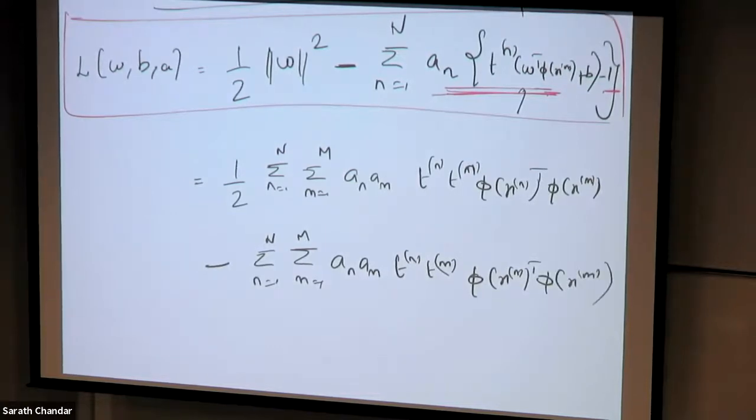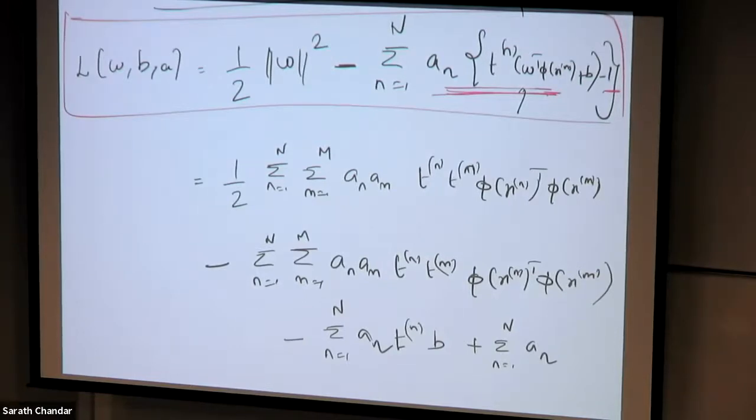Minus, then the bias term: summation N is equal to 1 to capital N, An Tn times the bias. Then the final term, plus summation over N is equal to 1 to capital N, An. Is there a Tn? No, just An. Is that clear?